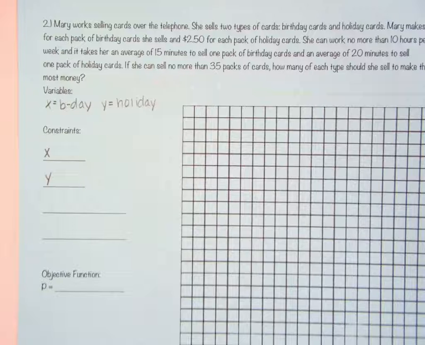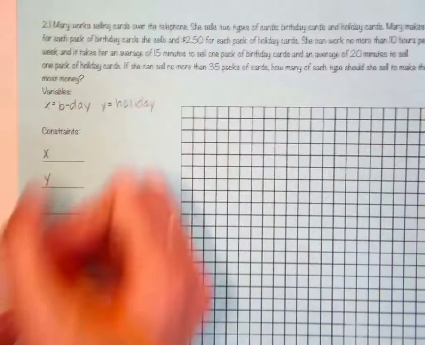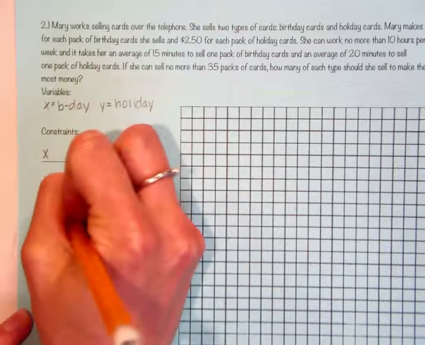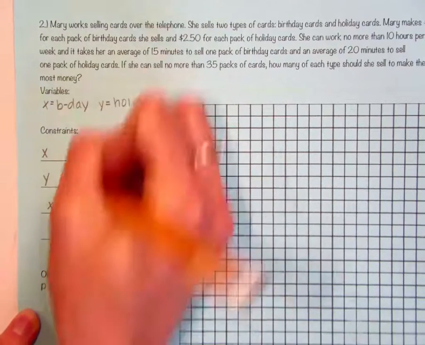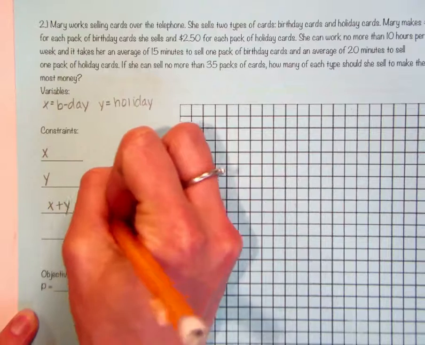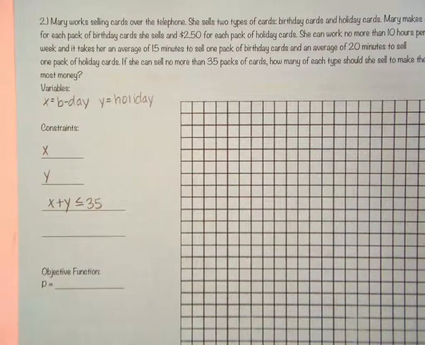Okay, so let's do the total one then. If we're talking about all of them, that's the two put together. So that would be X plus Y has to be less than or equal to 35. So that should be one of them. It doesn't say packs of each type of card. It says total she can't sell 35.